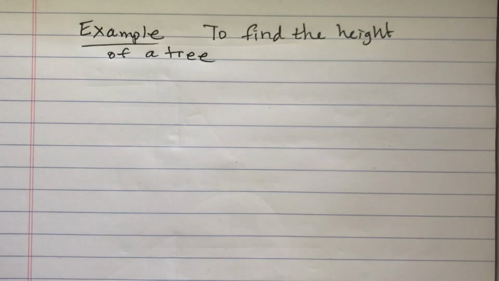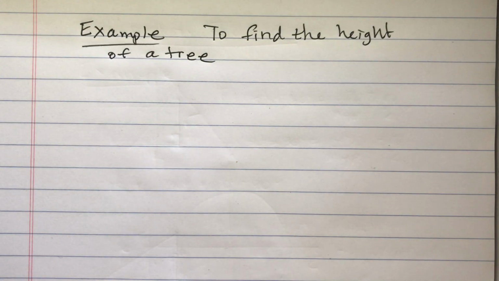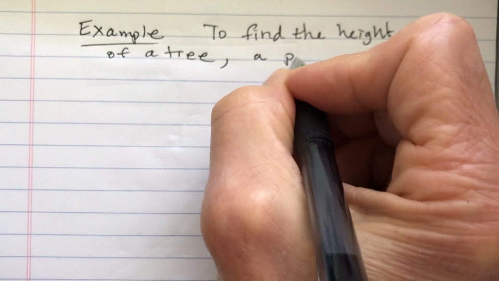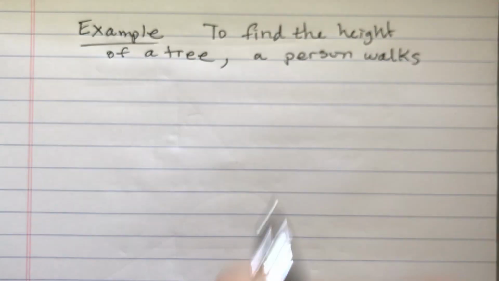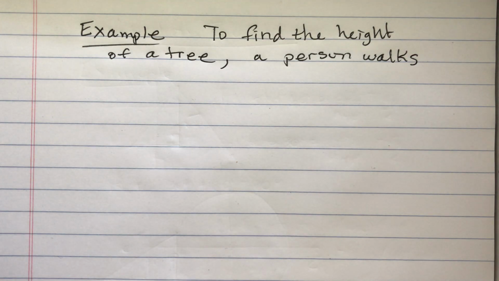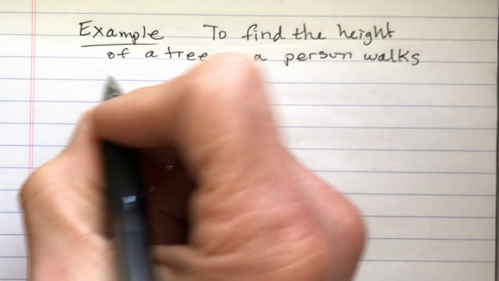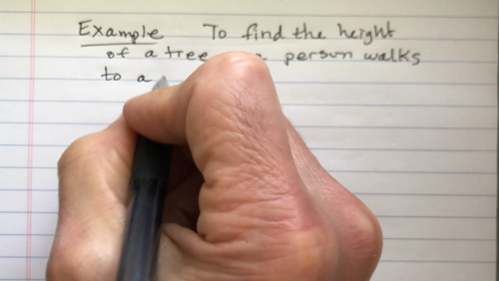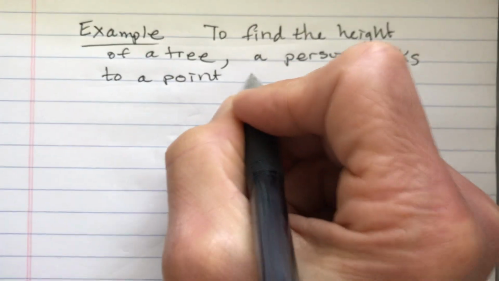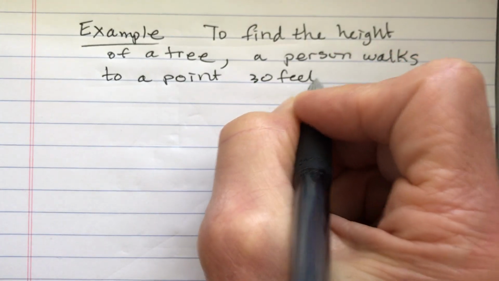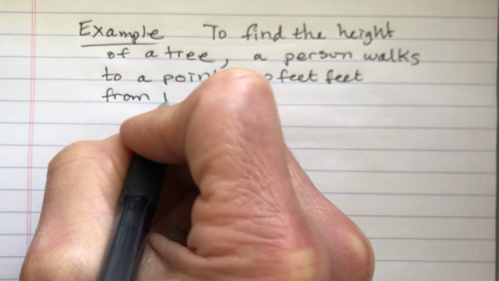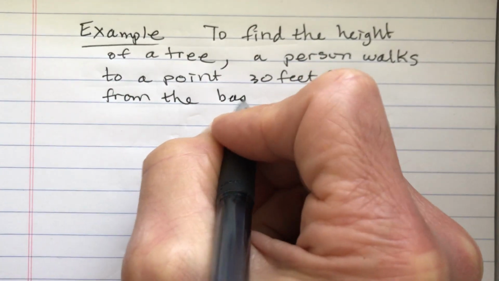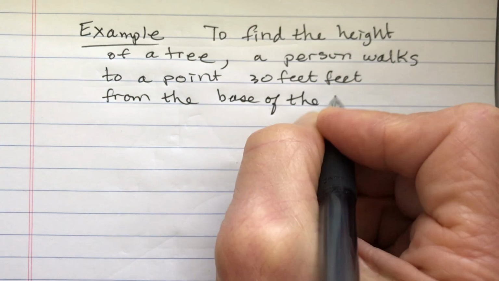The person wants to see how tall a tree is, and what the person does is walk to a point 30 feet from the base of the tree.